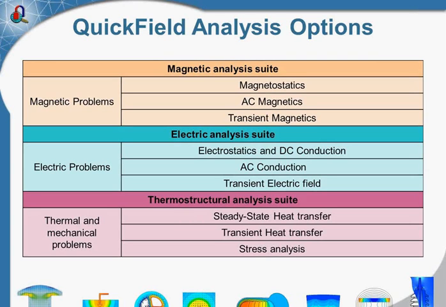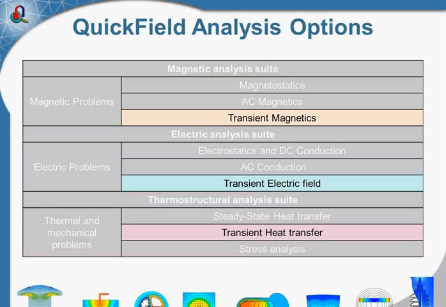But for most accurate analysis, it is usually required to define the exact pulse shape, and this needs you to use built-in functions which are present in transient electric or transient magnetic models. And transient heat transfer model may be required if you need details of heat dissipation produced by pulsed electromagnetic field and to see how it develops in time. So this slide highlights transient models available with QuickField.